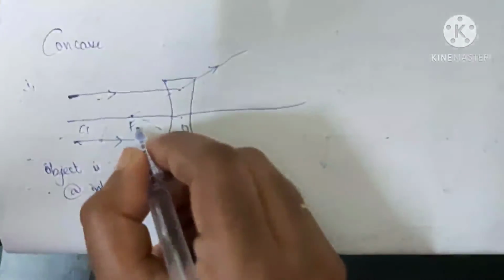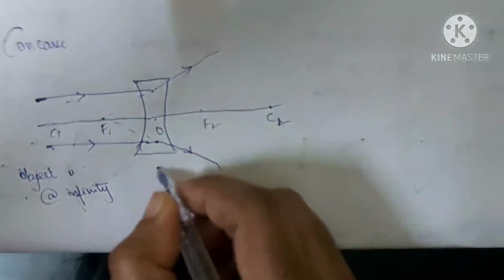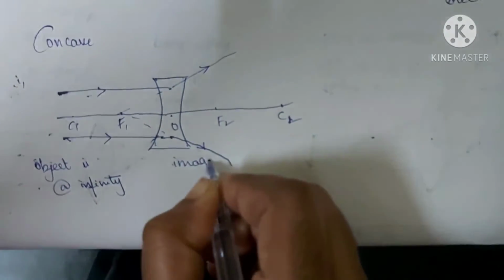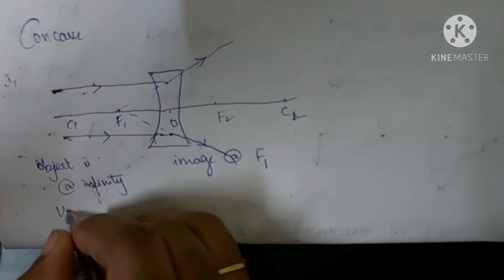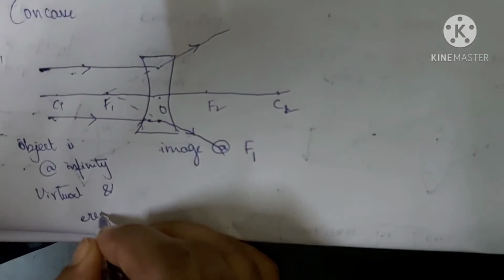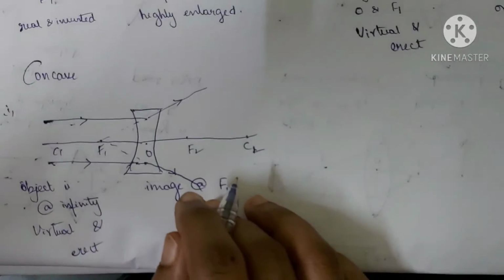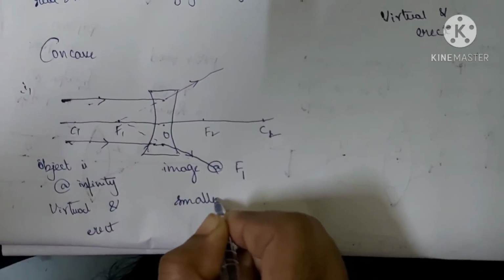See, F1, F2, C2. The image is at F1. What will be the nature? Virtual and erect, and the image will be smaller in size, point sized.